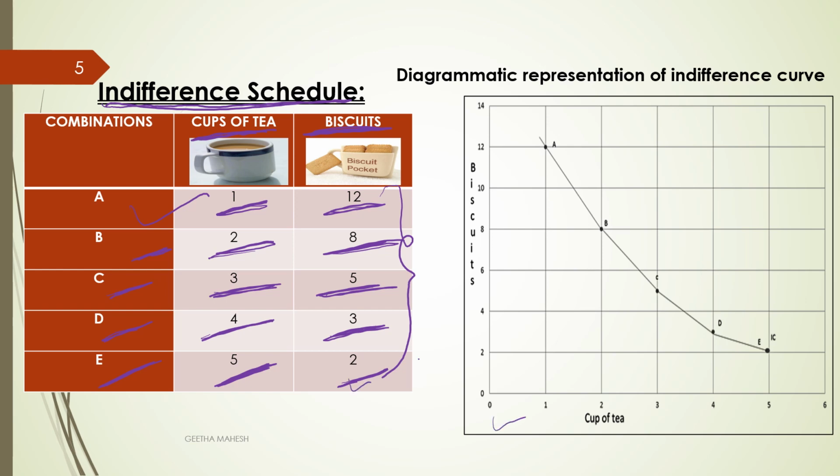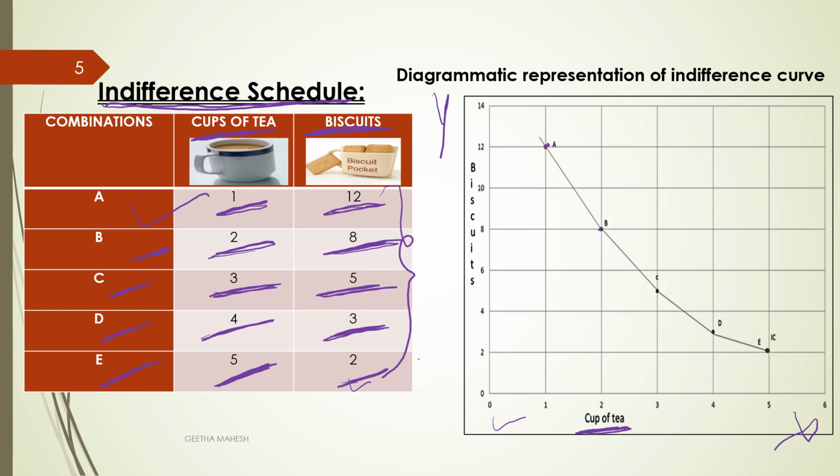When these combinations are represented on a graph by taking cups of tea on the x-axis and biscuits on the y-axis, you can see combination A shows 1 cup of tea and 12 biscuits.